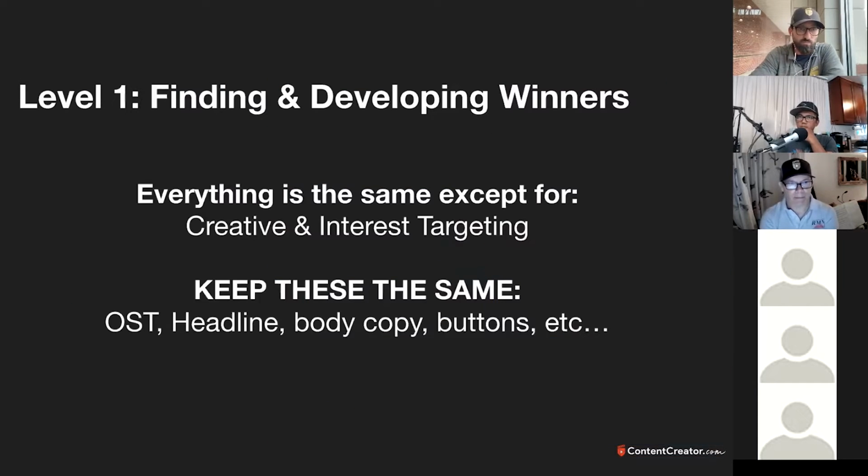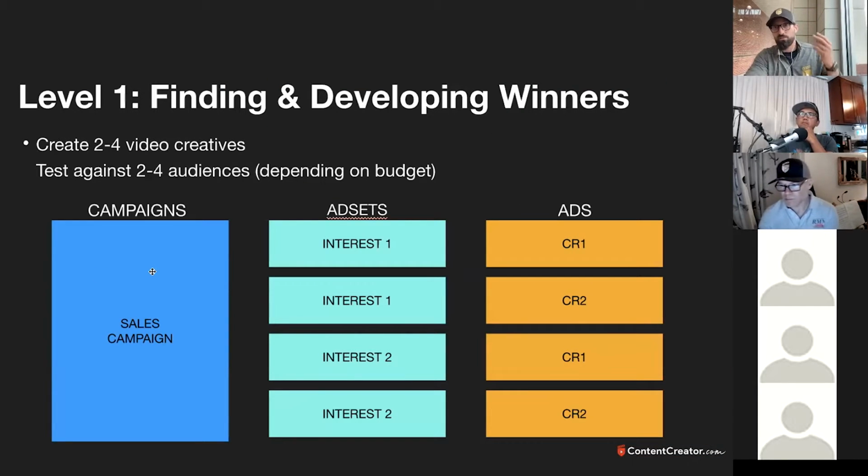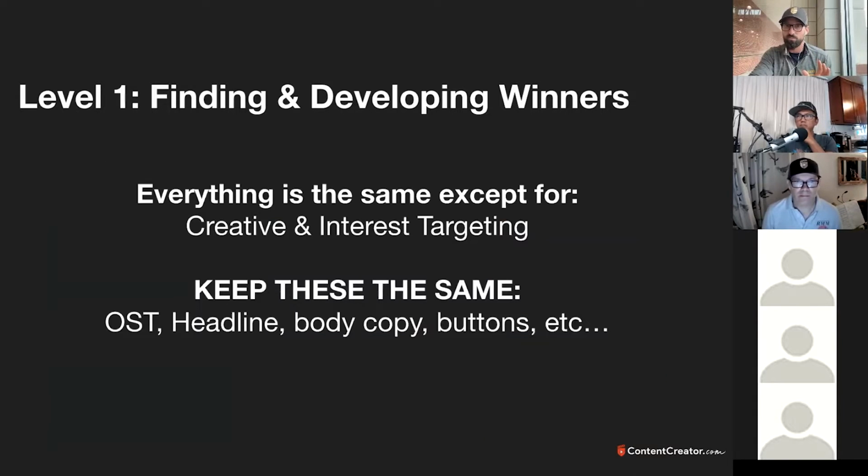So we have 2 interests. We're running 2 ads too. The huge thing here, guys, is when you are doing this, when it comes to the creative, and remember when I say creative, I mean the video, the body copy, the copy itself, the headline, all of that is going to stay the exact same. Everything is going to stay the same.